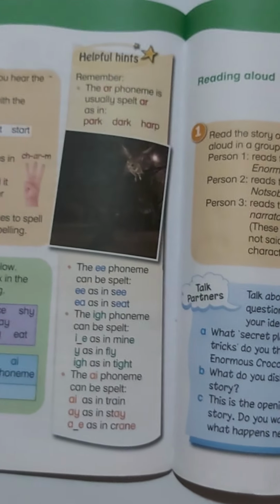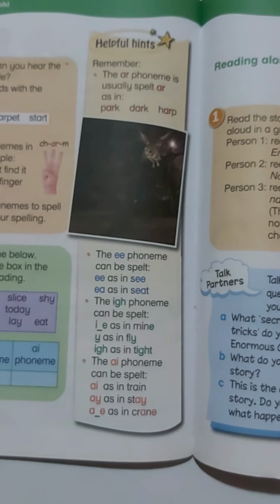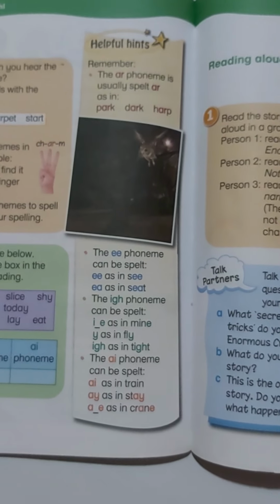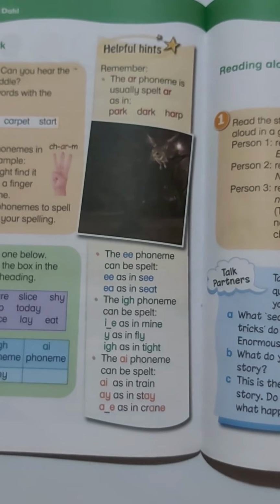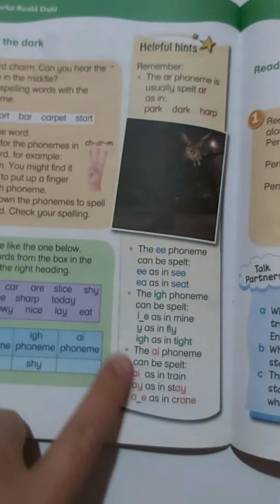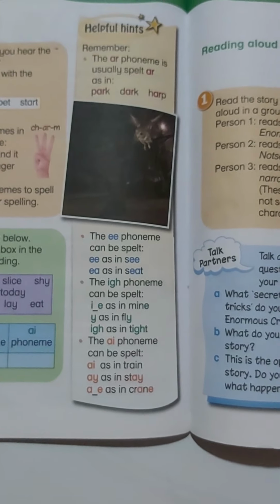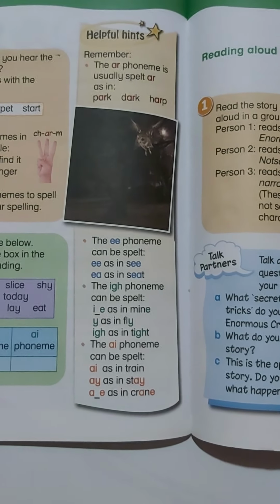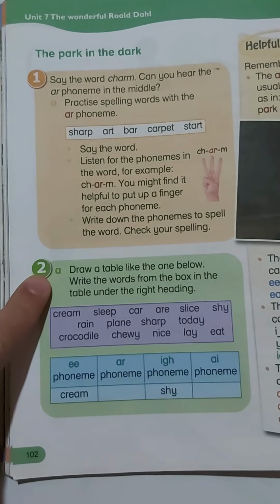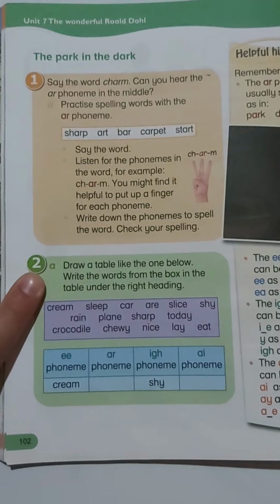The I phoneme can be spelled I, then a letter, then E, as in mine, Y, as in fly, IGH, as in tight. And the A phoneme can be spelled AI, as in train, AY, as in stay, A, and a letter, then E, as in crane.